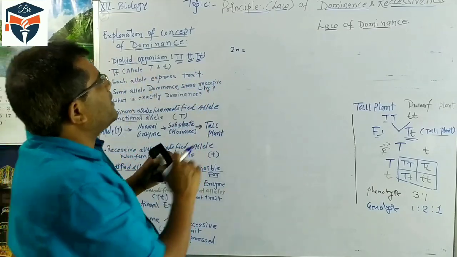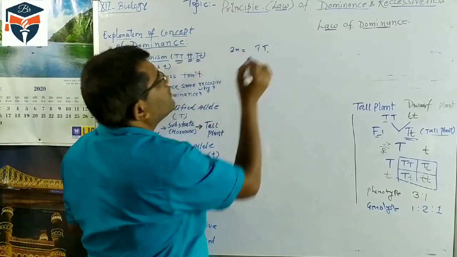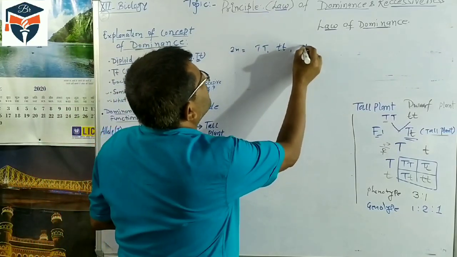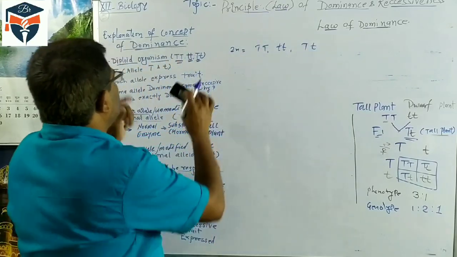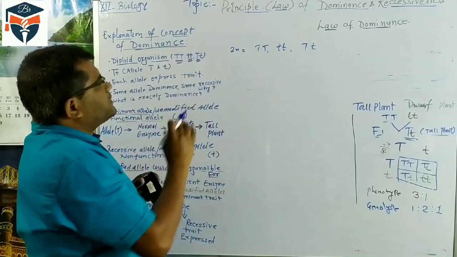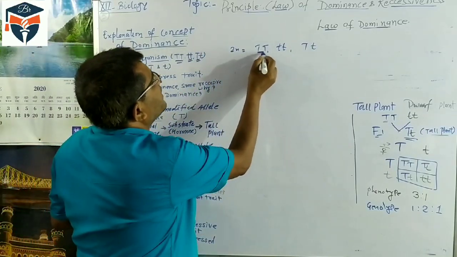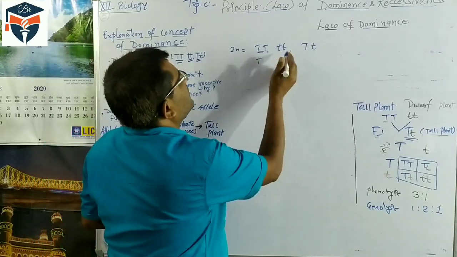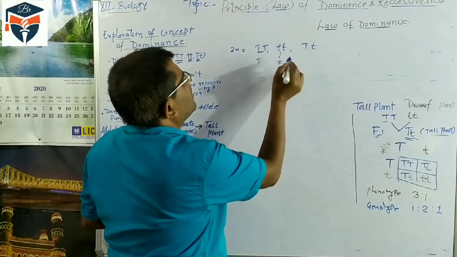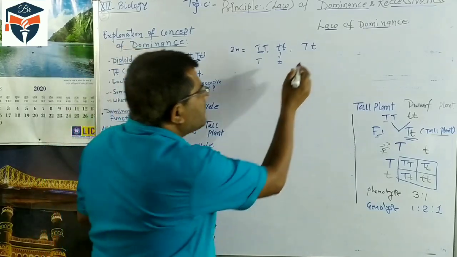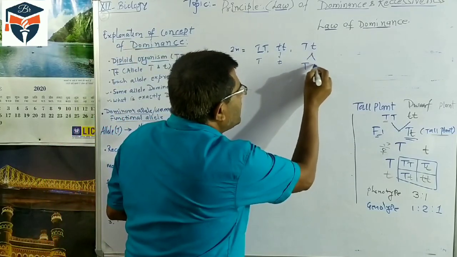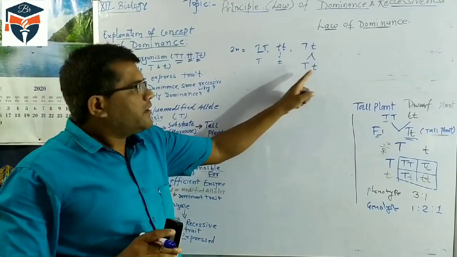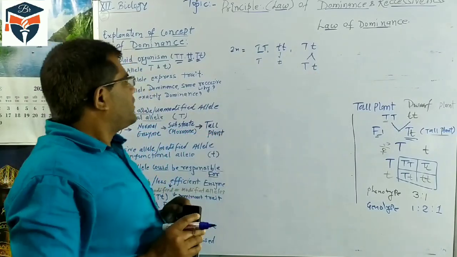Second, in this diploid organism the alleles are the same: only capital T in this one, and small t in this one. But in this organism, there are two alleles: one allele is capital T and the other allele is small t.